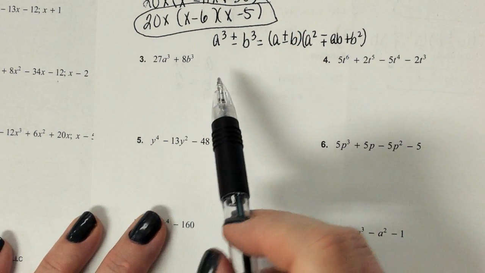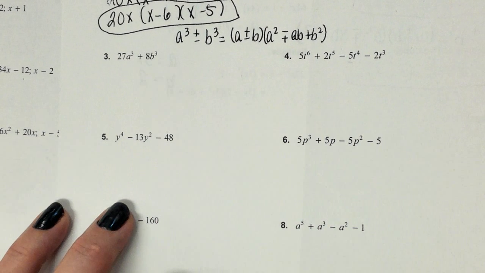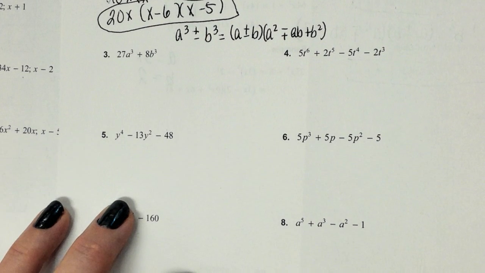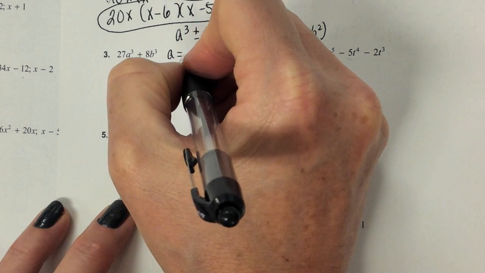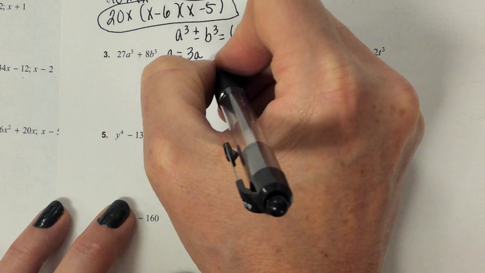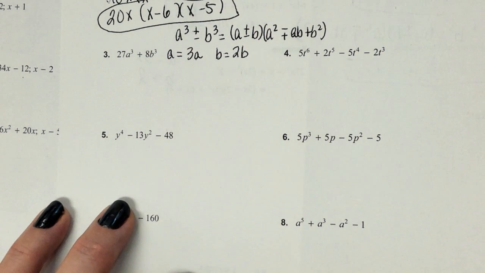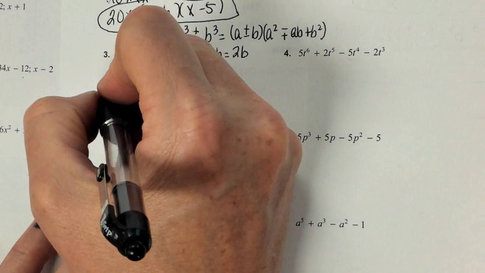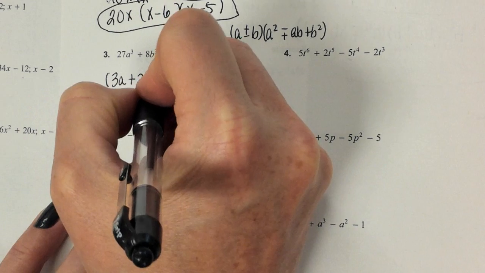And I want you to try to use that without looking back on number 3. If you get stuck, you can look up here, but I want you to try it on your own.